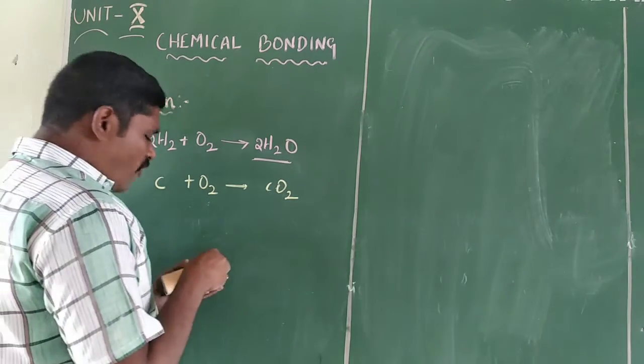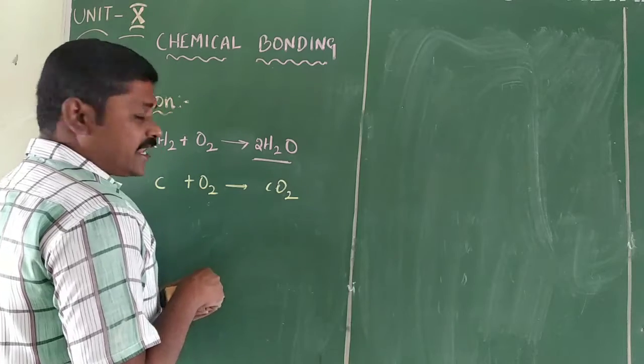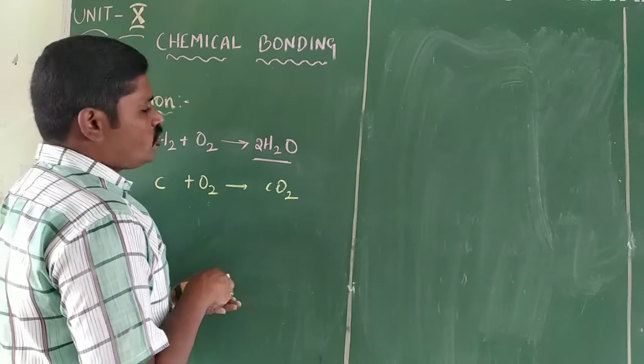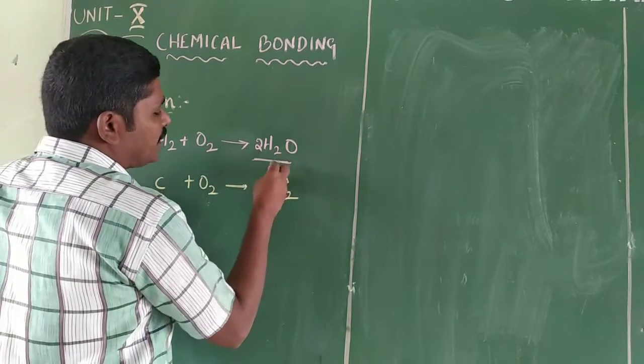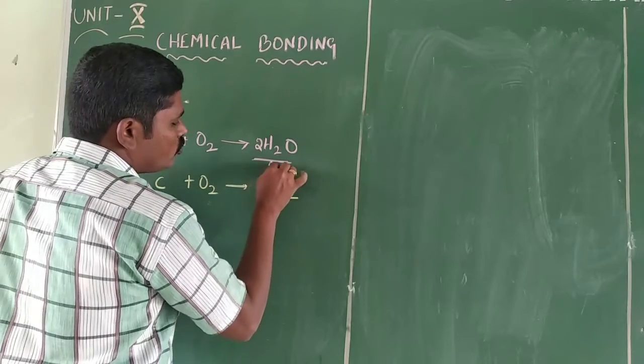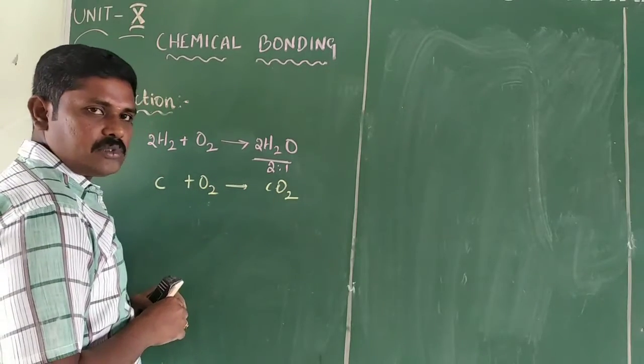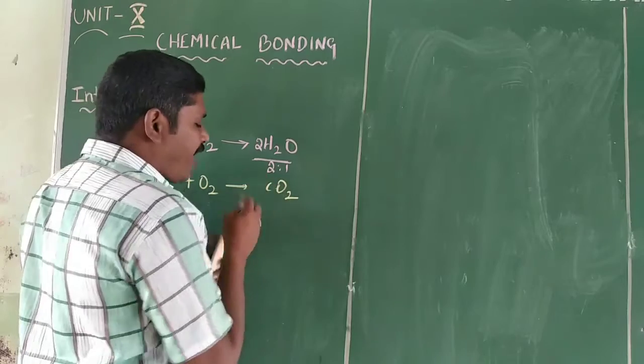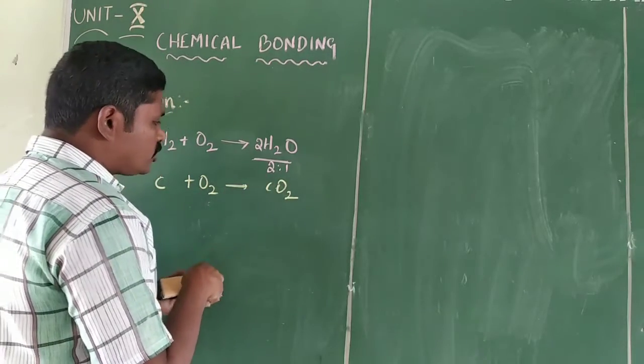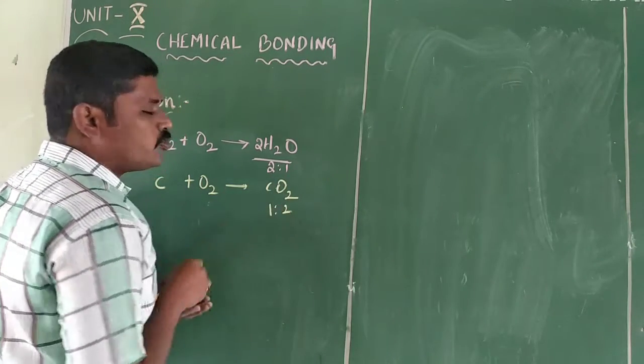The ratio of oxygen to hydrogen in water is 1:2, while the ratio of carbon to oxygen in carbon dioxide is 1:2.